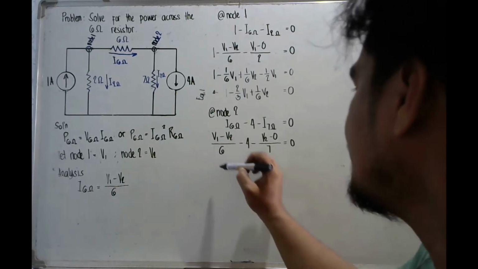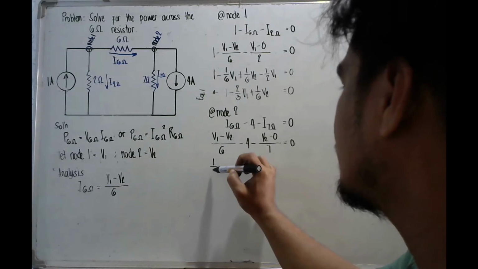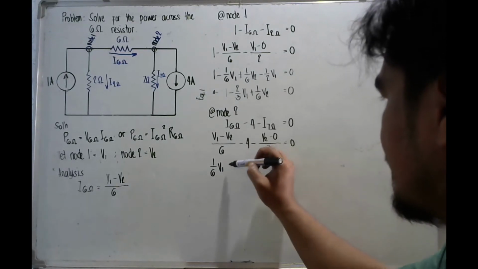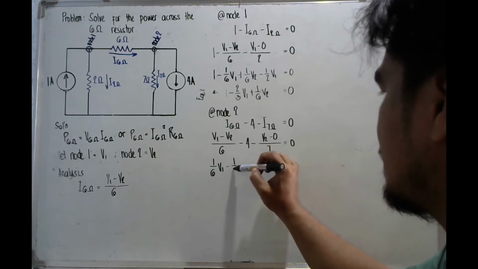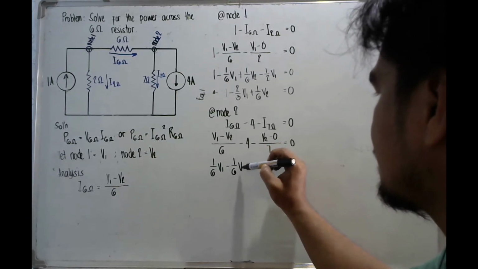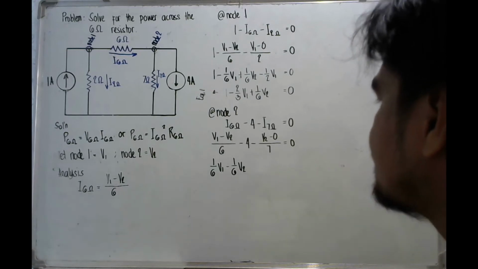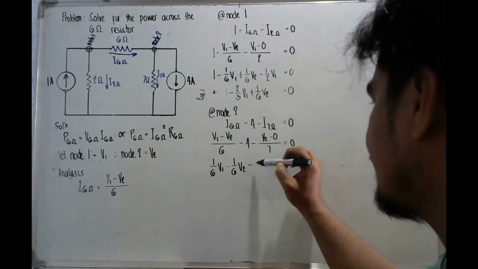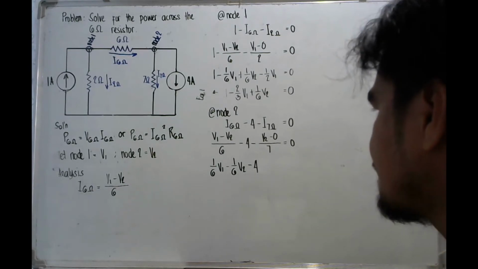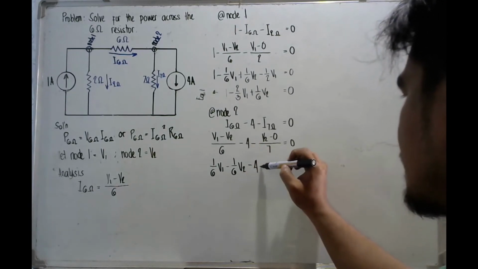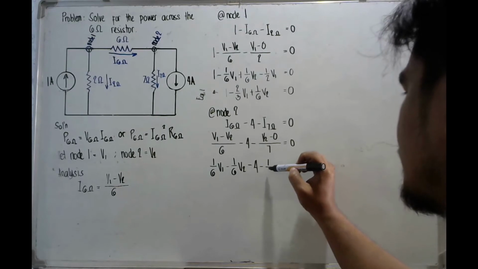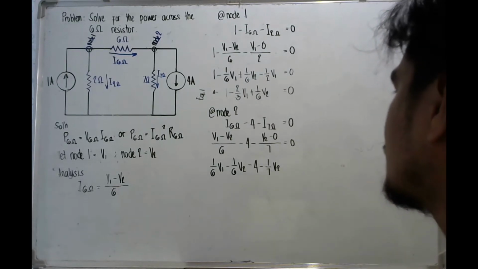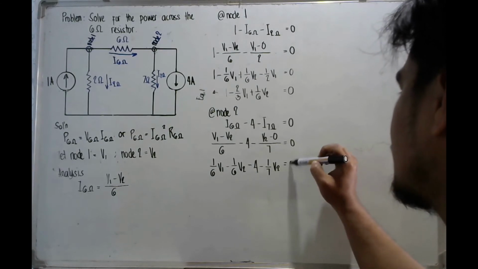Simplify the equation, so you have 1/6 V1 minus 1/6 V2 minus 4 minus 1/7 V2 is equal to 0.